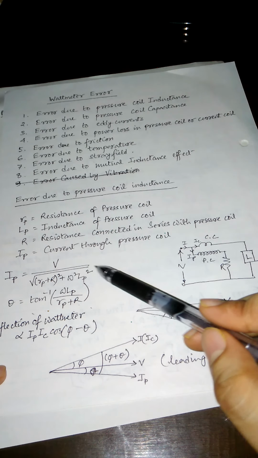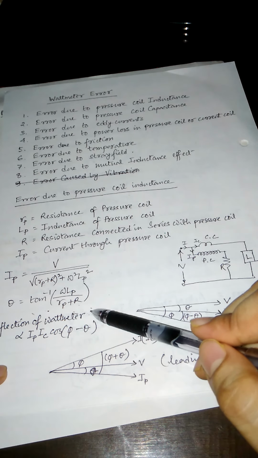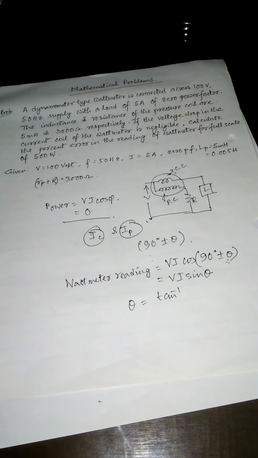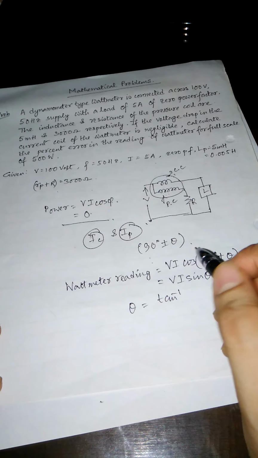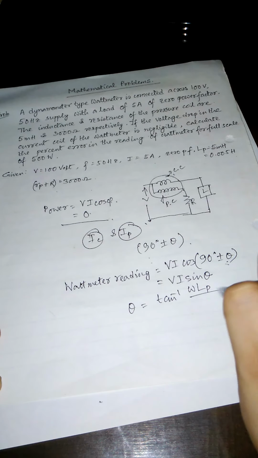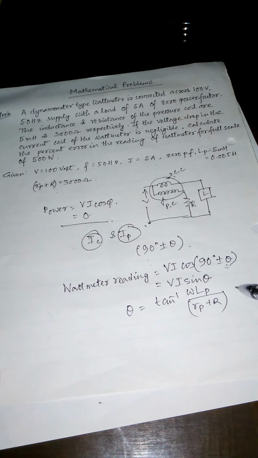We have discussed this in our earlier classes in the case of dynamometer type wattmeter. So we have to take this particular formula, theta equal to tan inverse of omega LP divided by RP plus R. So what is omega LP?